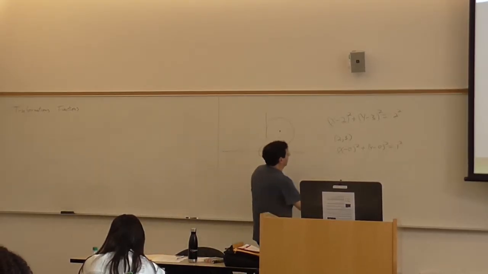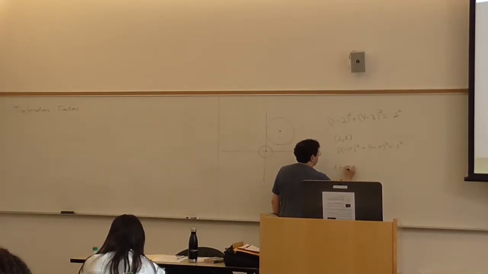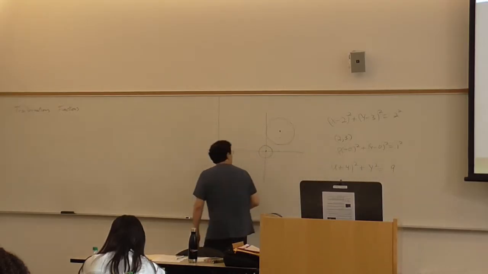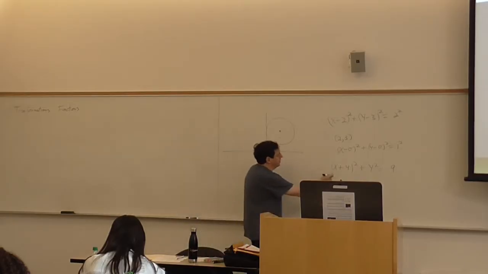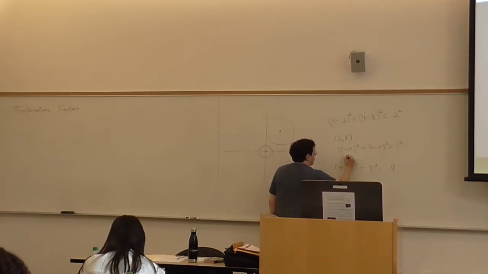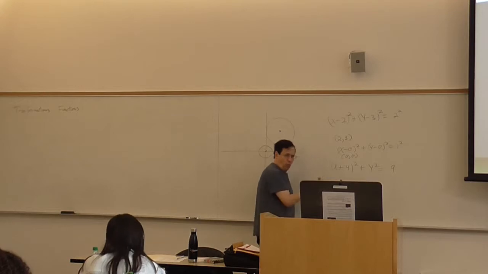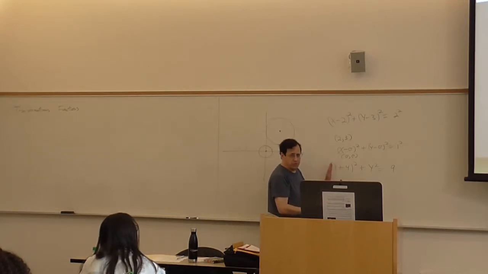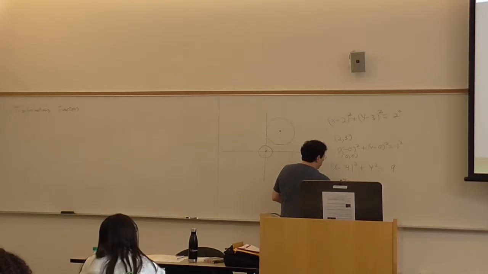Let's say I had (x + 4)^2 + y^2 = 9, 3 squared. Well, now wait a minute here. And this was 0, 0, clearly. This, it's not at 4, right? It's what you're subtracting. So we would subtract the negative 4. So we expect this to be at negative 4, 0.